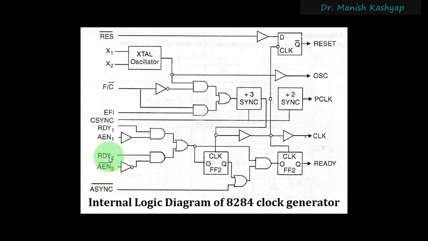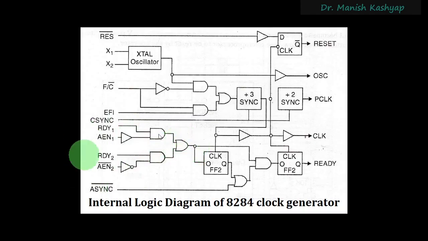When the externally interfaced devices are ready to transfer some data, the ready signal will be applied as one there, and if the clock is ready to take that input, you have to use the AEN1 and AEN2 signals, right? This is an activator for that, and correspondingly you have the output here.